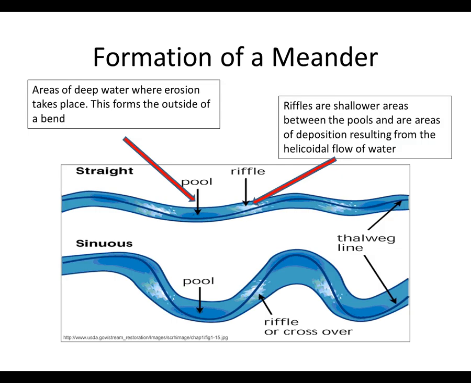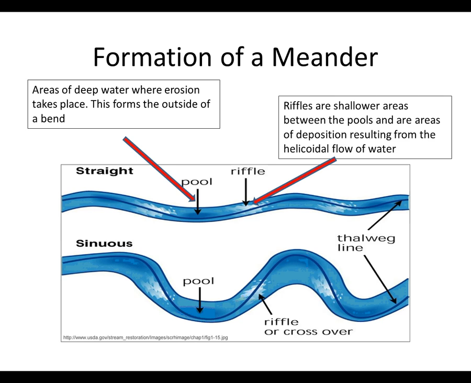Formation of a meander. Basically on the outside of a bend, there is more water, and it moves faster. If it moves faster, what's happening more? Erosion. Oh, thanks, Jamie, that was good. More erosion because the water's moving faster.